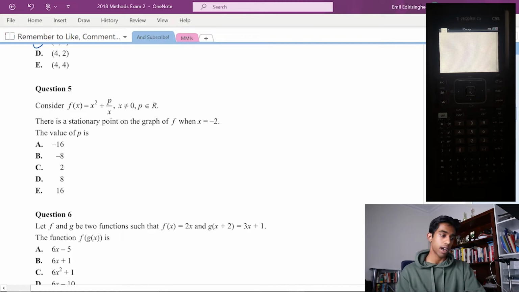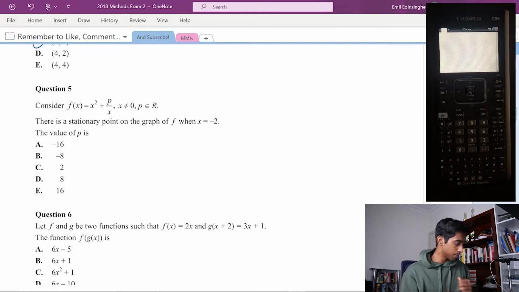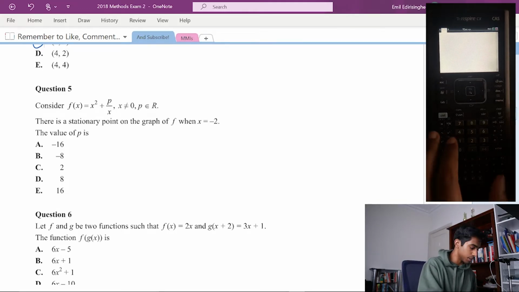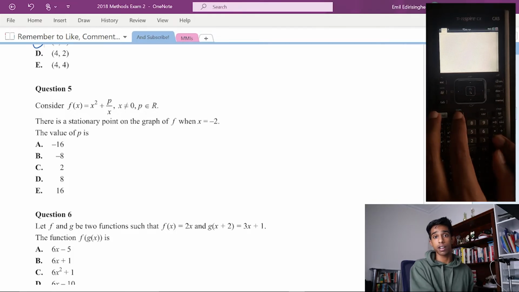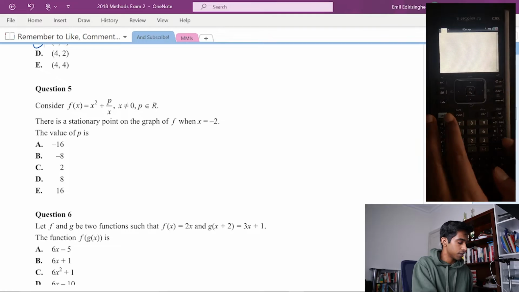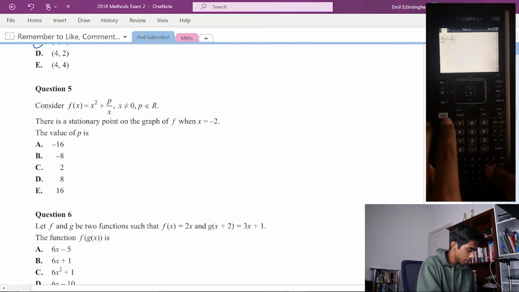Now we've got question 5, which is asking us to find the stationary point on the graph of f when x equals -2. For this one, I'll use my CAS. First, I'll put in this equation. I'm going to do the derivative of this equation, and a quick shortcut for the derivative is shift minus. So I'm going to go d/dx of x squared plus p on x.